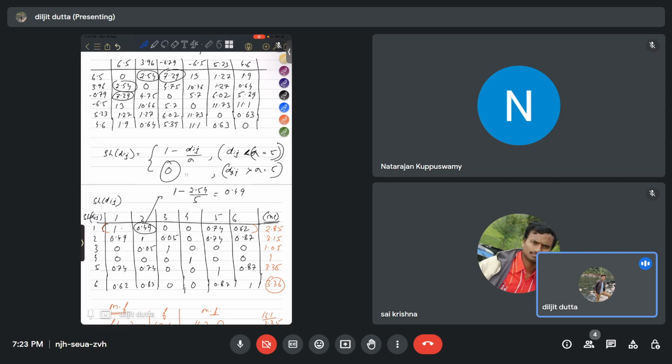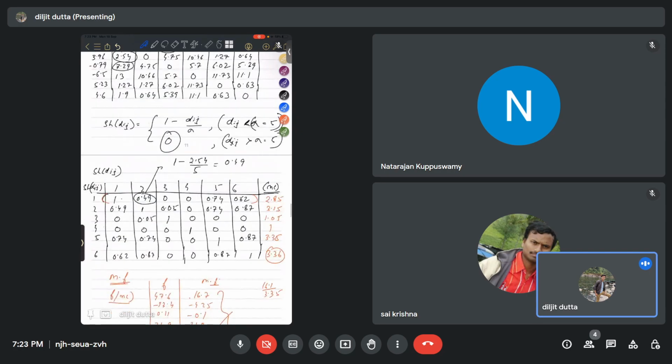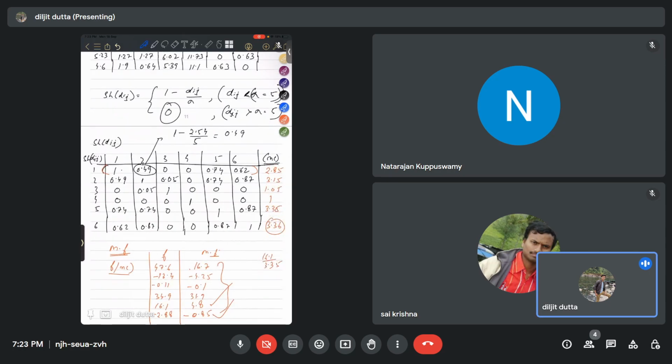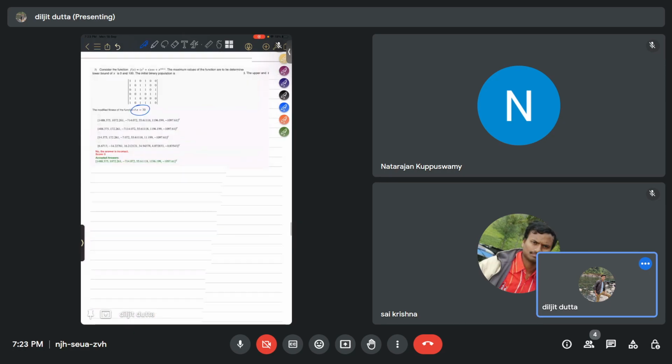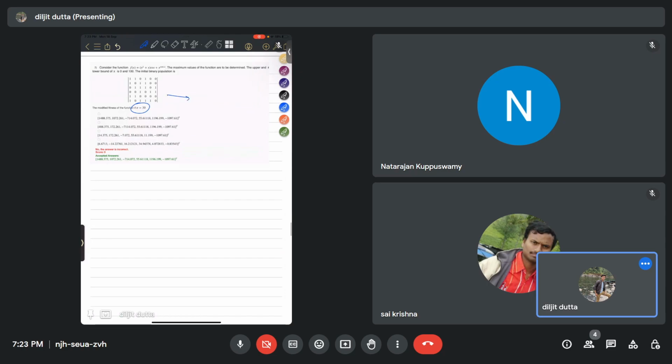Everything will have a sharing function value, so we'll get a different niche count.